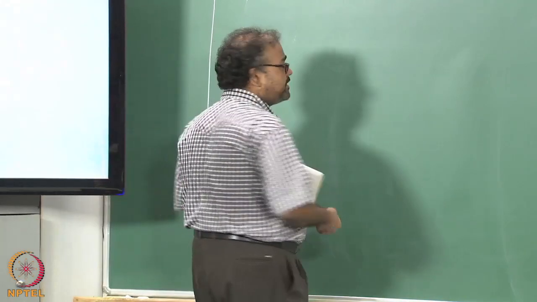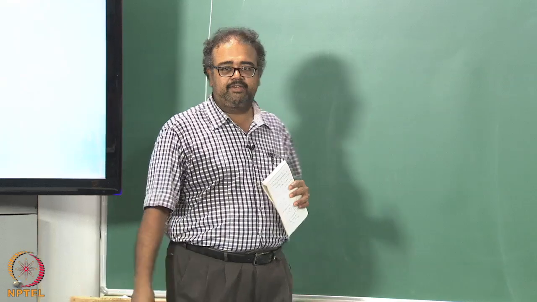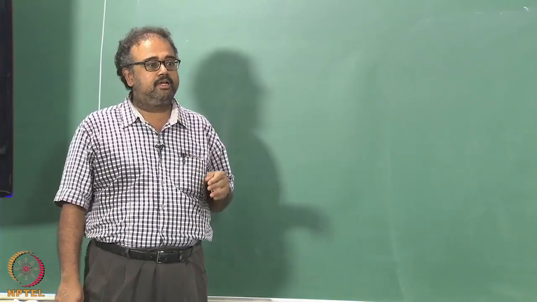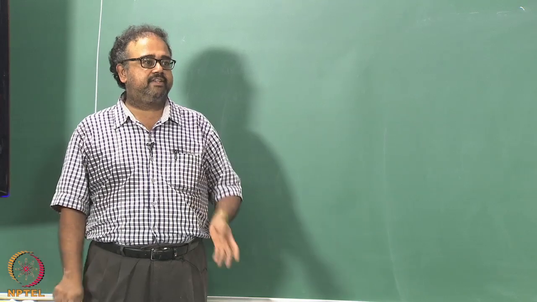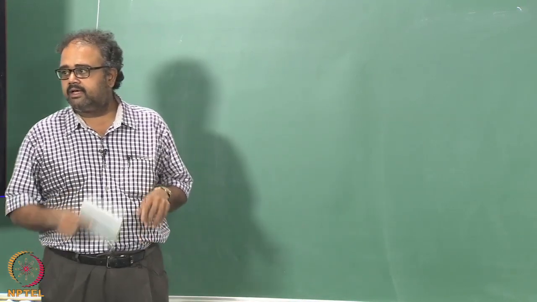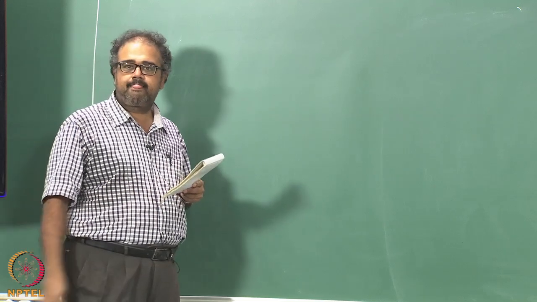Right. So I said there are two ways in which we can build linear classifiers. One was the discriminant function approach, where by comparing discriminant functions we decide what the separating hyperplane is. And what is the other approach?